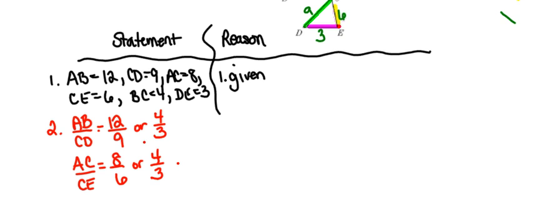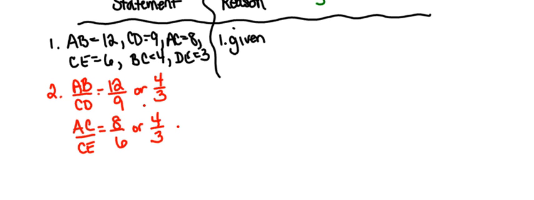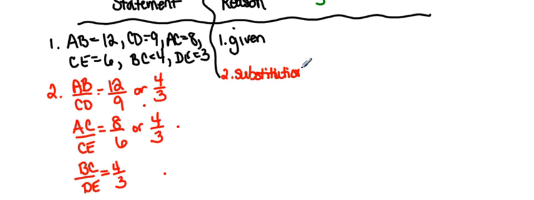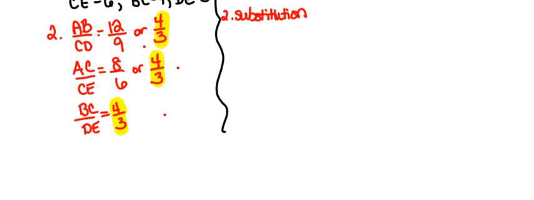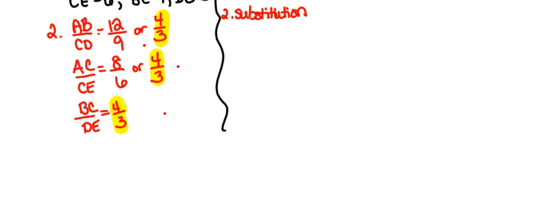And then lastly, I'm going to compare the shortest sides. And that's just simple substitution. And now I'm noticing that after I do these comparisons, all 3 of these ratios are exactly the same. And therefore, it must follow that my side lengths must be proportional.